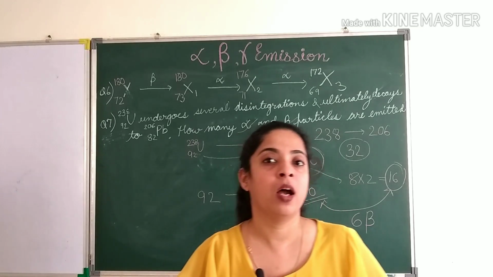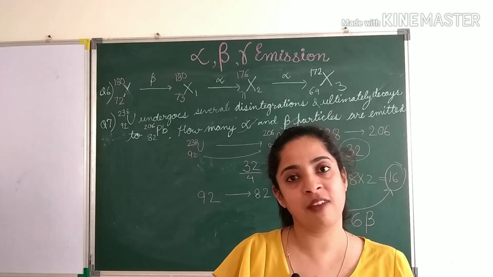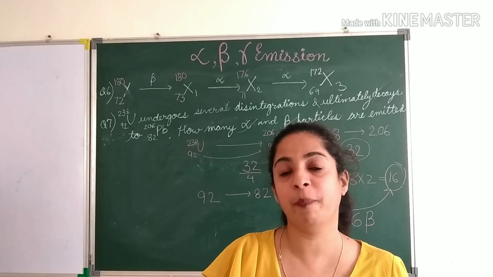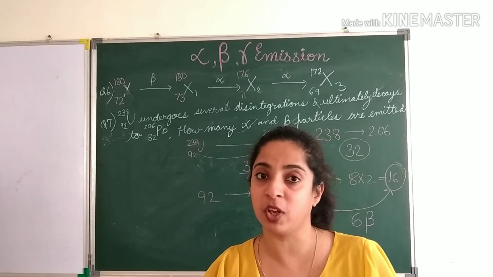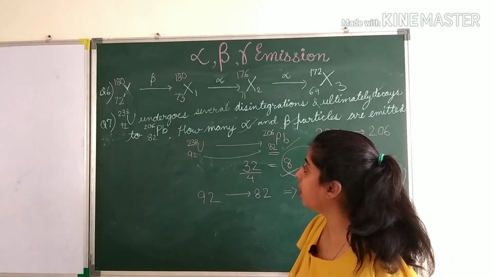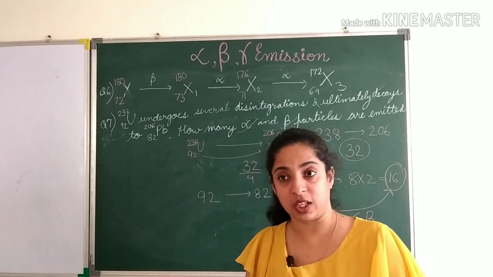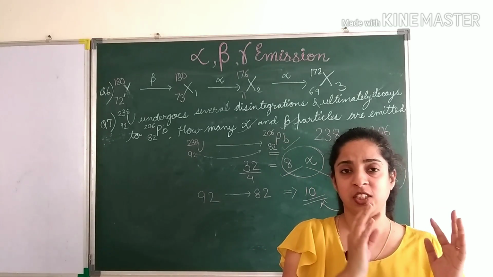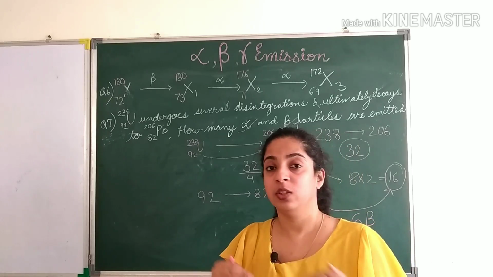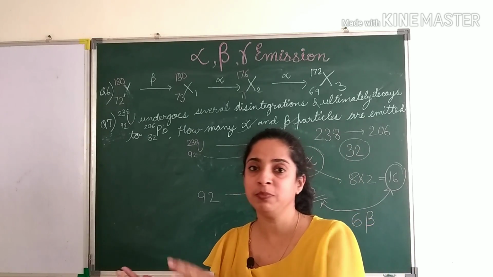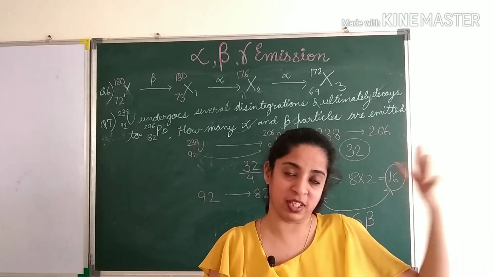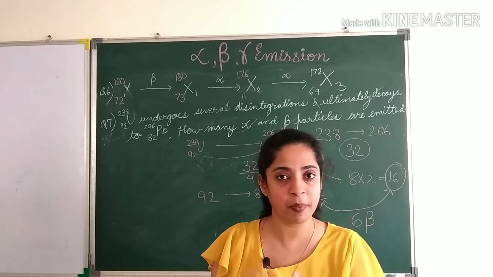One more thing, they ask whenever there is an alpha or beta emission, what happens to the position of that atom in the periodic table. So alpha का मैंने आपको बताया, क्या बताया कि atomic number 2 से कम हो जाता है, right? So अगर 20 था तो 18 हो गया. So where will be the position of the new atom? To position उसके पहले, previous to the position of the parent.